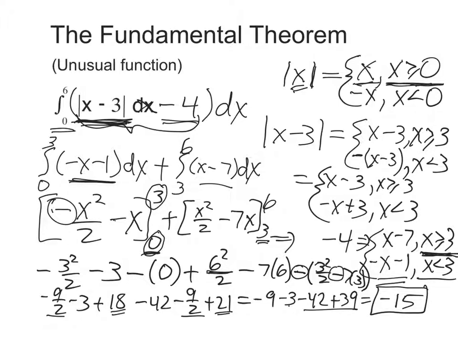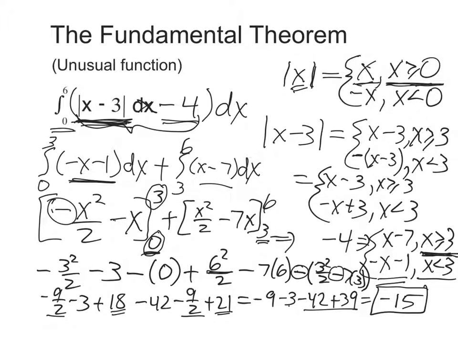Because this is looking for the area, right? And you can't have negative area. Correct. We're going to be looking at the definite integral to represent area of something, and area cannot be a negative number. But the definite integral can end up being a negative number.